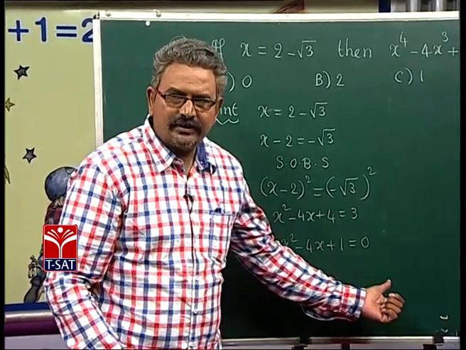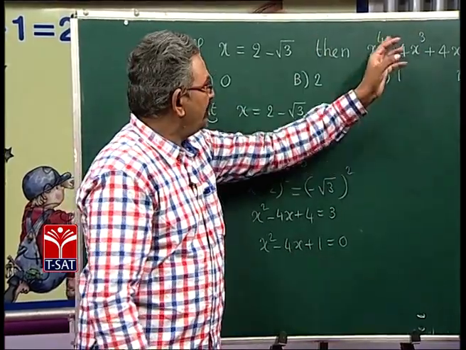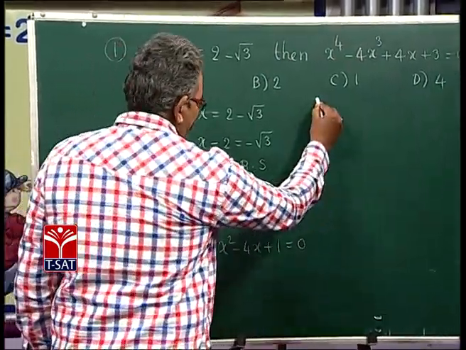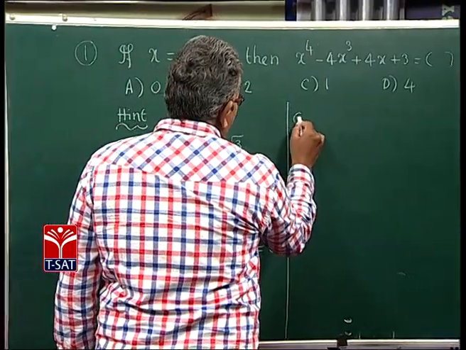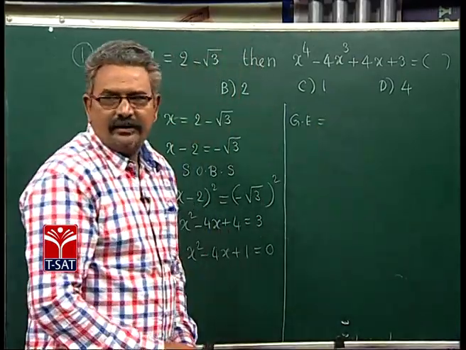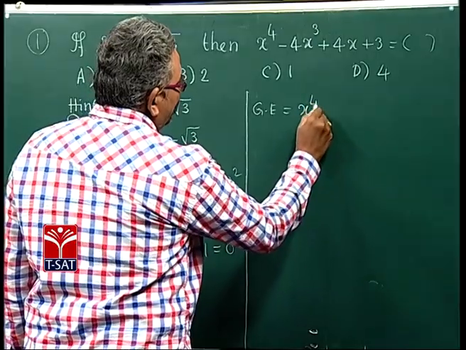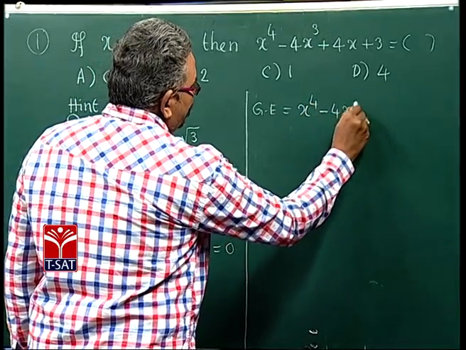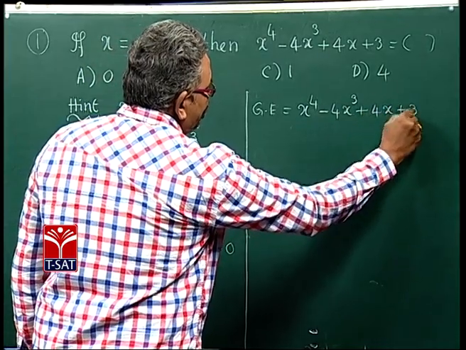With the help of this, let us find out the value of the given expression. So, now let us write the given expression whose value is going to be evaluated: x to the power of 4 minus 4x cube plus 4x plus 3.